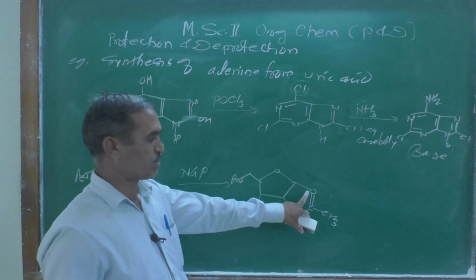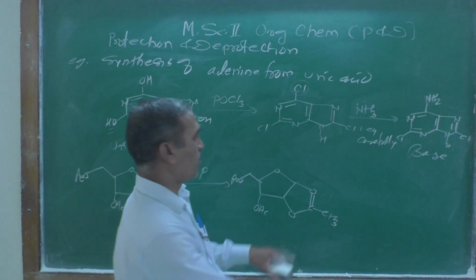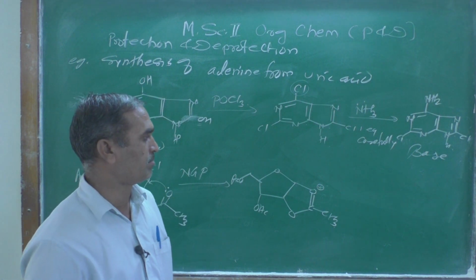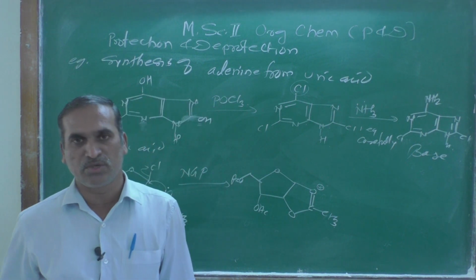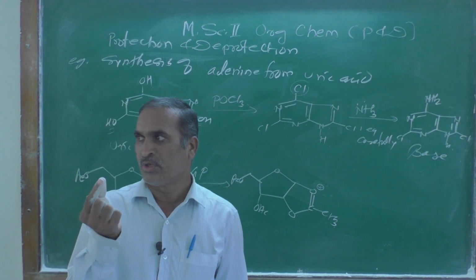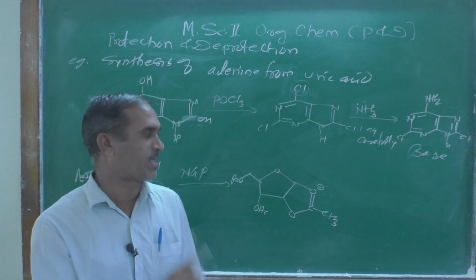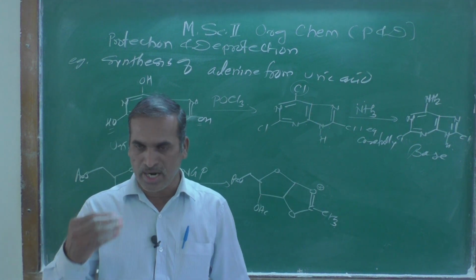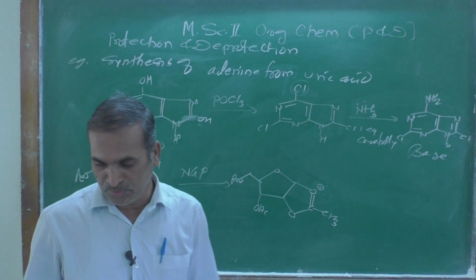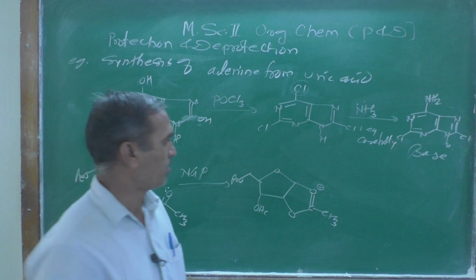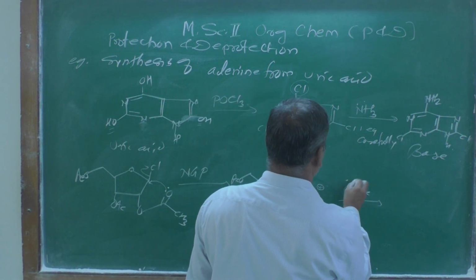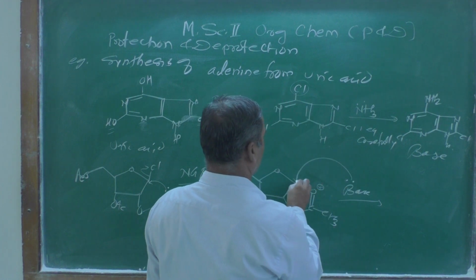Now look at this oxygen, it has three bonds. Therefore, a positive charge comes on that oxygen atom. When an electronegative species carries a positive charge, that species becomes highly unstable, and therefore what is going to happen here? A base can attack here like this.